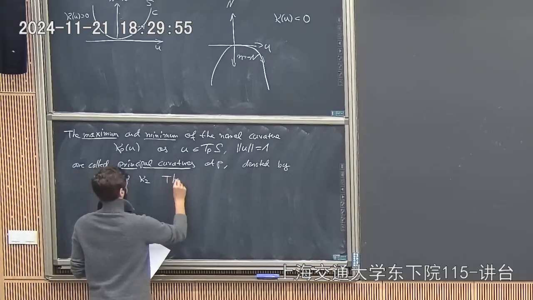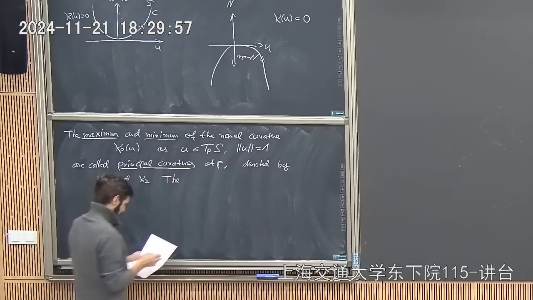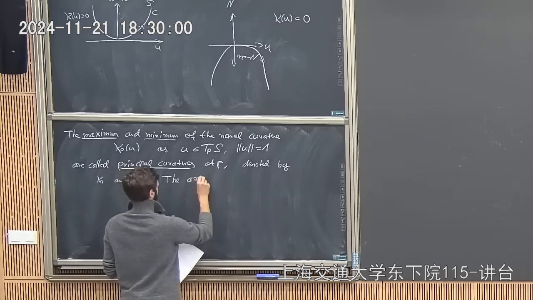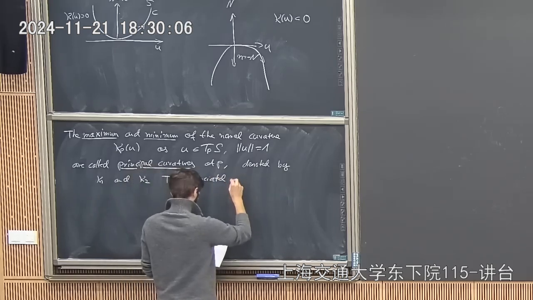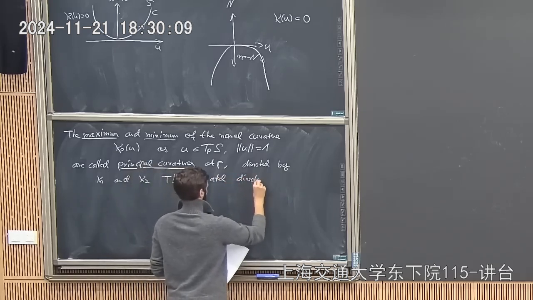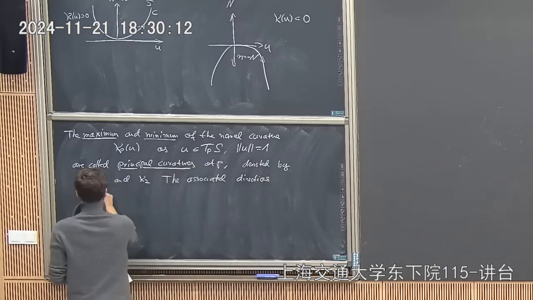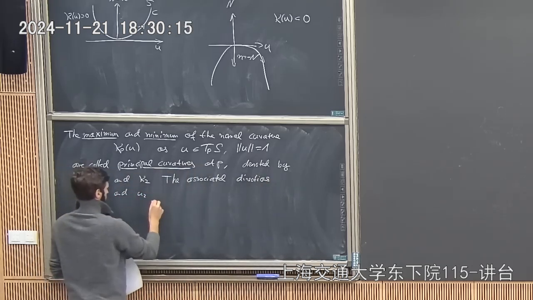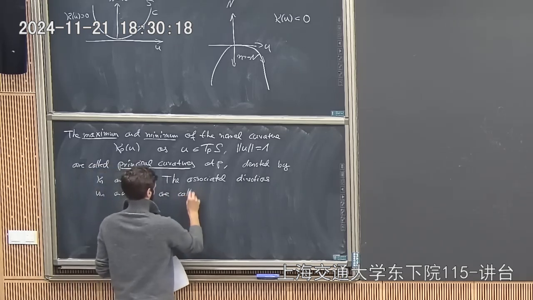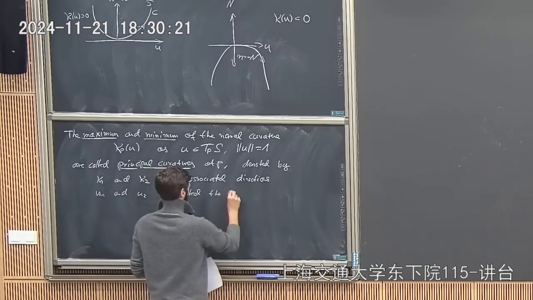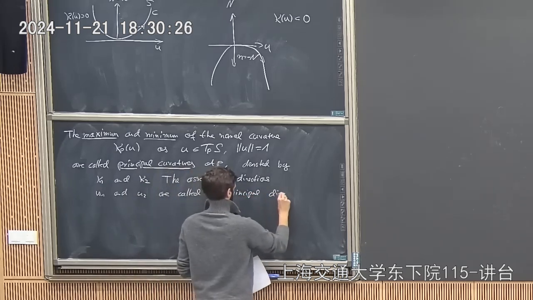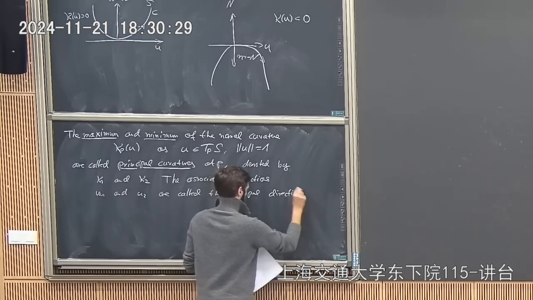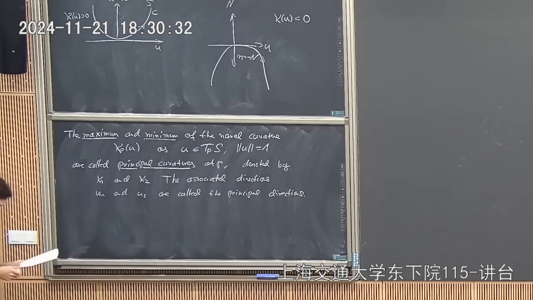And we have two vectors that realize the minimum and the maximum, u1 and u2, and these are called the principal directions, or principal vectors.